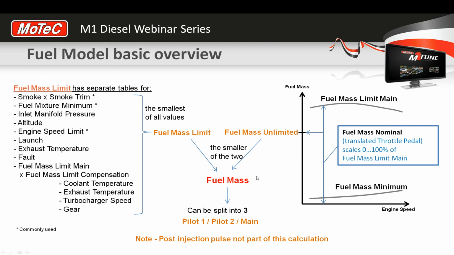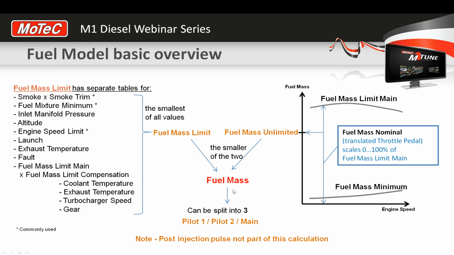So just to review, the beginning of the calculation is the driver's pedal request between the limit table and the minimum table. And then if that milligram number that comes out of that calculation is lower than any of the milligram numbers in these tables and compensations, then that is what becomes the fuel mass to be delivered to the engine.